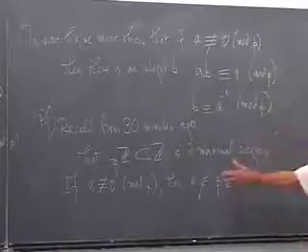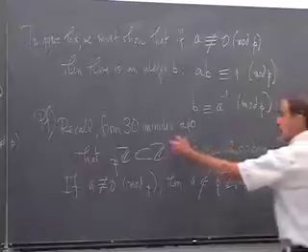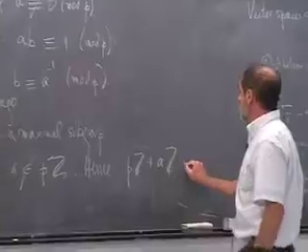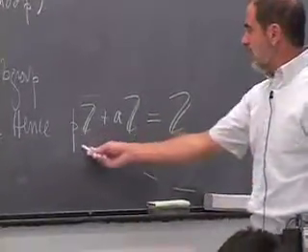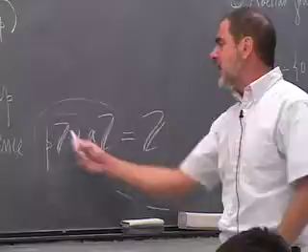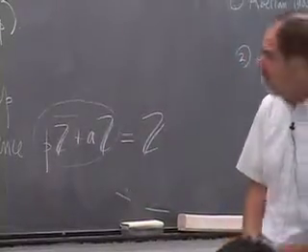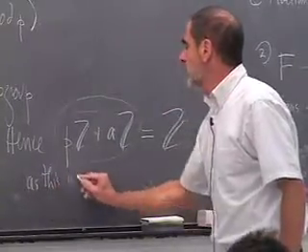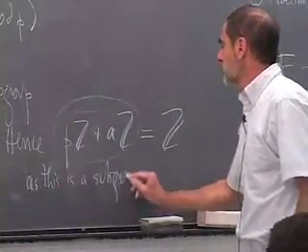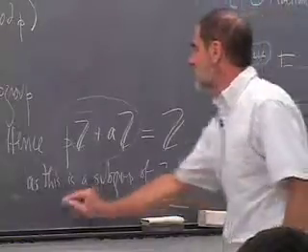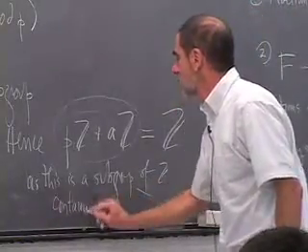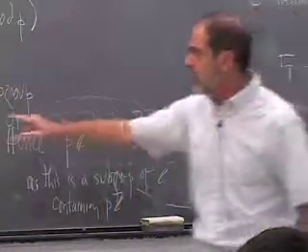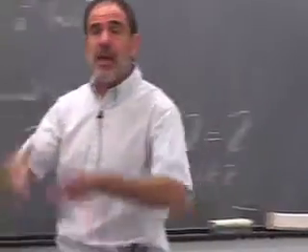Hence, if we adjoin A to this subgroup, we have to get the entire group Z. PZ plus AZ is equal to Z. Because this means all integer multiples of P plus all integer multiples of A. As this is a subgroup of Z containing PZ, but not equal to PZ because it contains the element A, which is not in PZ, once it's bigger than PZ, it has to be the whole thing.